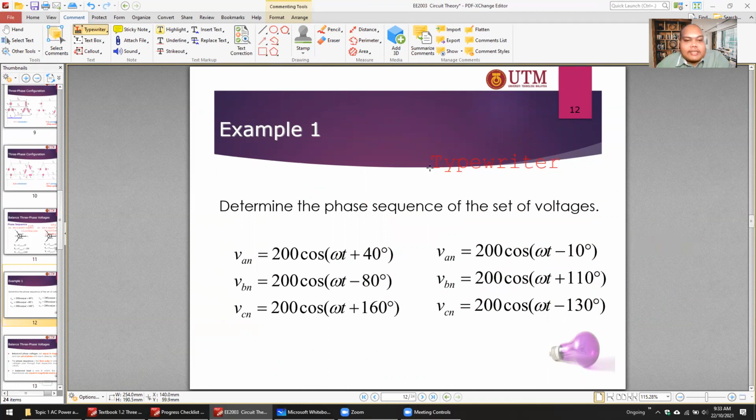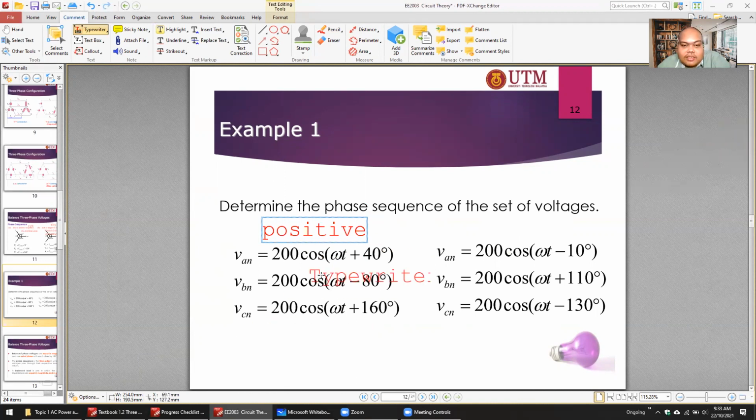So I give you an example here. You can see here VABC. VABC, you can see here 200, of course, the magnitude is the same, and 40, negative 80, 120. So you can see here it moves towards the clockwise, which means that this is positive sequence.